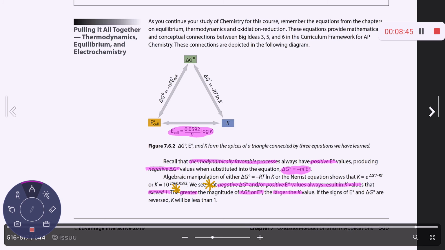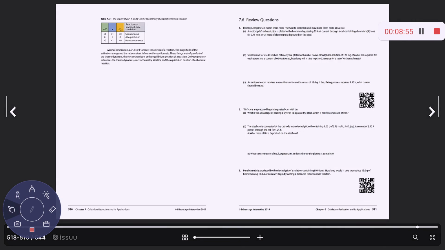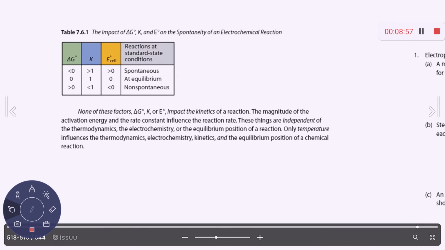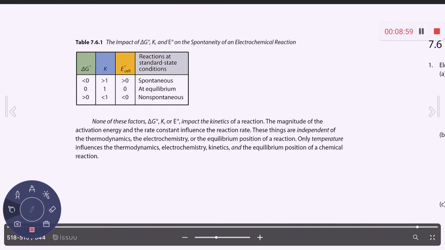Take a look at the next page. They outline it all for you. I would know this table. This just summarizes it all. Delta G, K, and E do not impact the kinetics of a reaction.